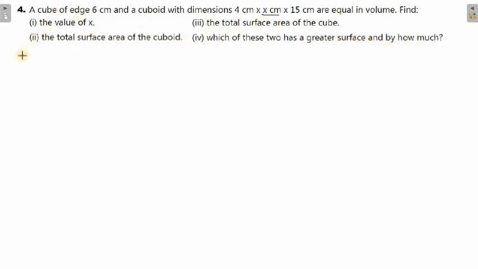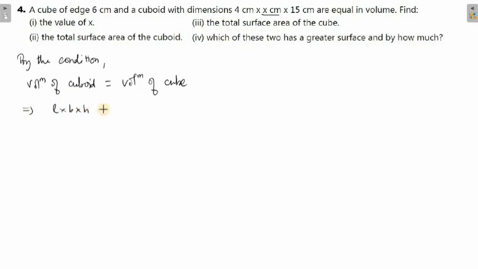So by the given condition, it is given that the volume of cuboid is equal to the volume of cube, isn't it? Now all of you know the formula for volume of cuboid is L into B into H, and volume of cube is a cube.